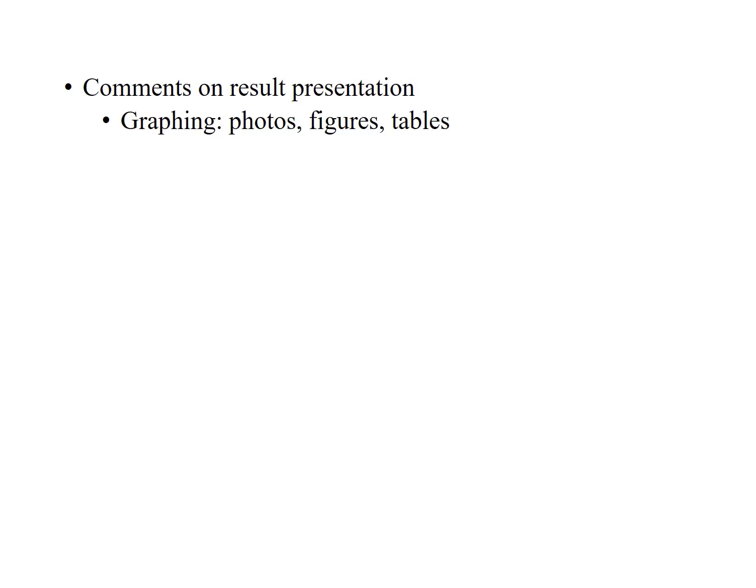If you have a large amount of data, you can use a table. So it doesn't matter if there is a significant difference or no significant difference. You can use a table to cover a lot of data. When you have something you think is quite important, showing a significant difference, in this case you can use the figures.